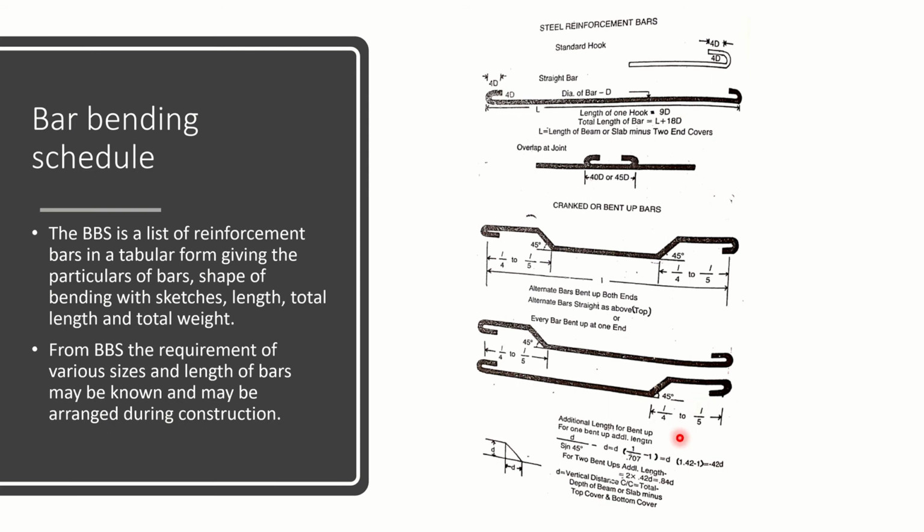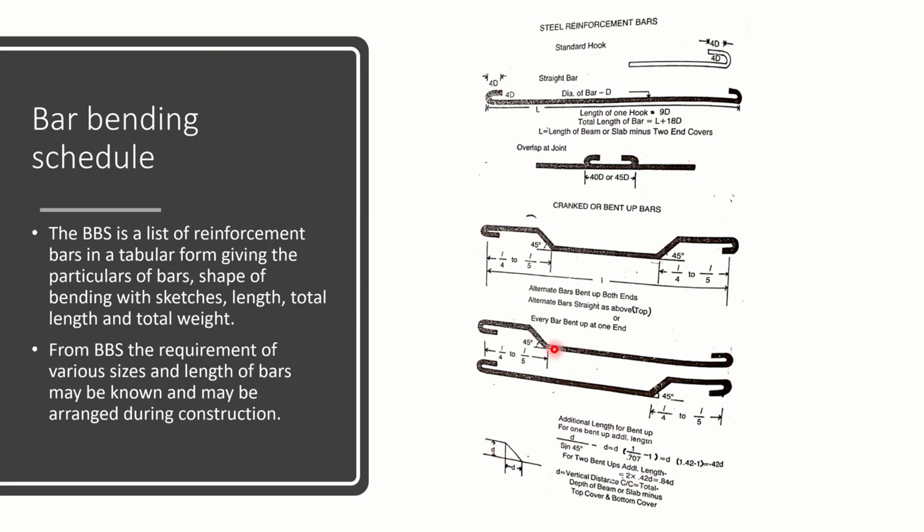Okay. And as a thumb rule, if the angle is 45 degrees, for two bent ups, the additional length is taken as 1d, one vertical distance approximately.